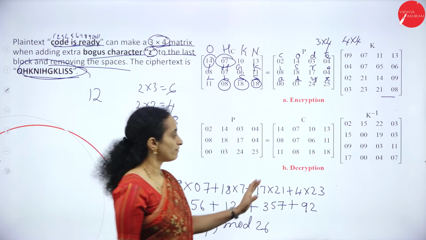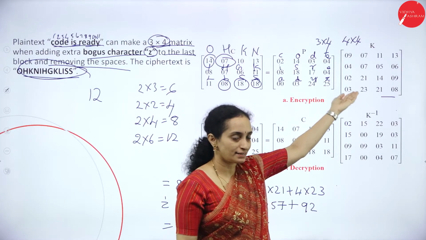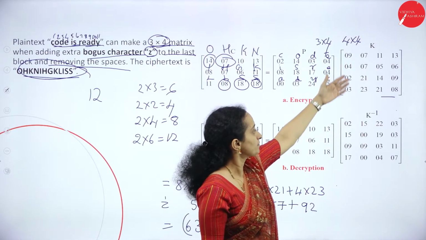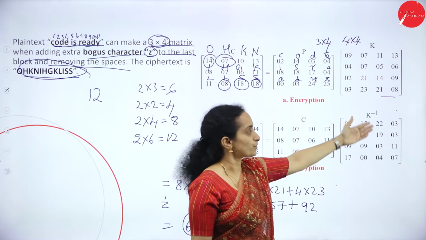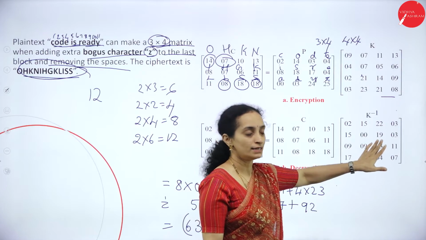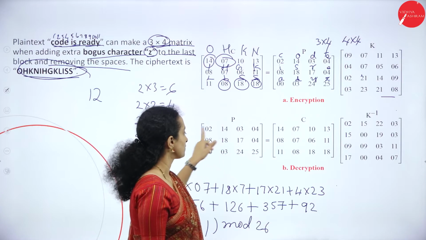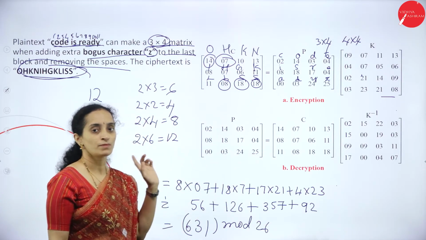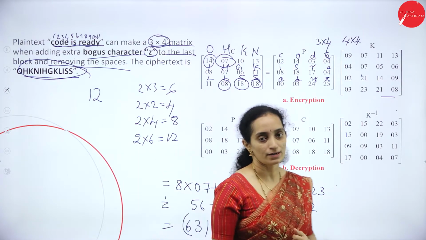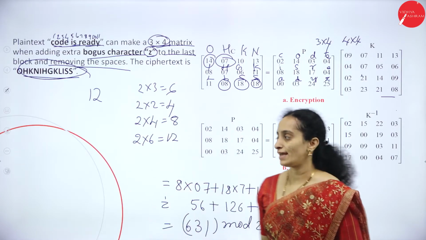Decryption will be done where the inverse of the key set will be taken. Here we have the key set. The inverse of the key matrix in encryption will be taken in the decryption, and again matrix multiplication is done and the plain text will be obtained in the Hill cipher. Alright, this is an example for the Hill cipher.